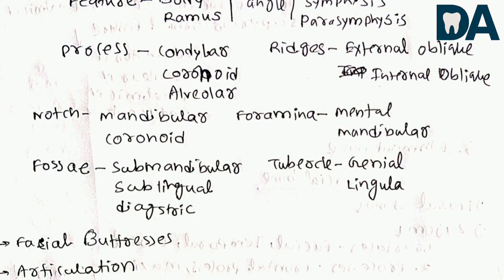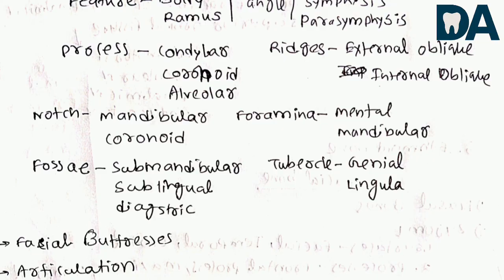There are three horizontal buttresses and two vertical buttresses. The horizontal are weaker than vertical. The horizontal consist of the superior orbital limb and frontal bone, inferior orbital limb and nasal bone, and maxillary alveoli, and the vertical consist of zygomatico-maxillary and nasomaxillary.